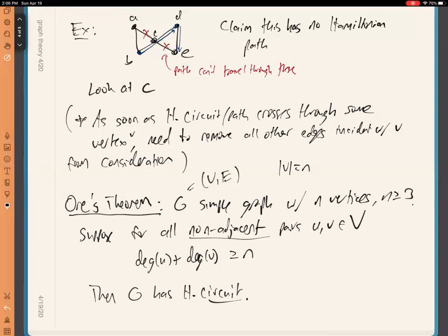I'm not going to prove this in the lecture, but I will send you a handout with the proof of this theorem so you can read it if you're interested. The proof is actually outlined as an odd exercise in the corresponding chapter in the textbook. I think it's a little cheap to just defer it to the exercises, so I'll write out the proof for you, and you'll at least see an example of how this works.